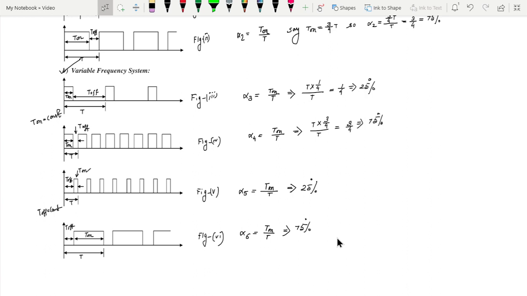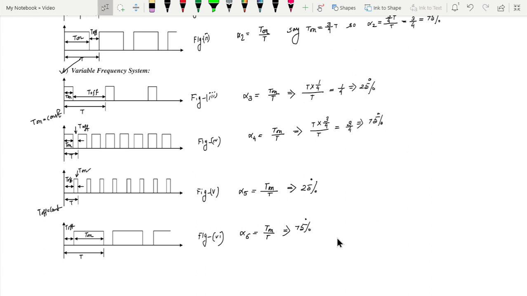It may be 25% or 75% as per the diagram, it may be others. The percentage will not be fixed, but by changing this we get variable output. So this is the total theory of control strategy.